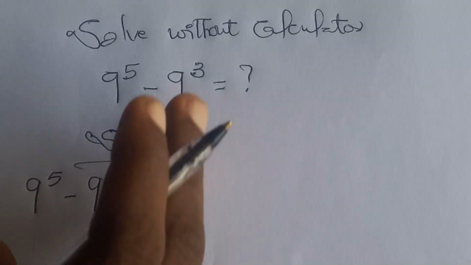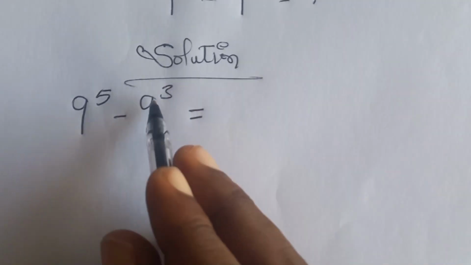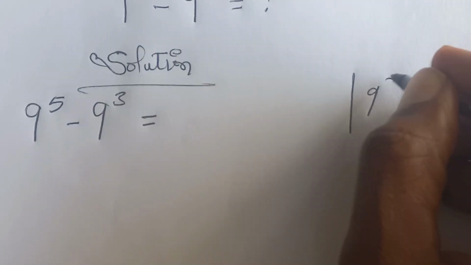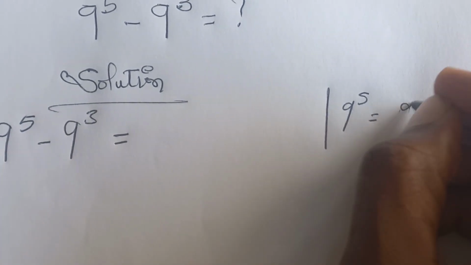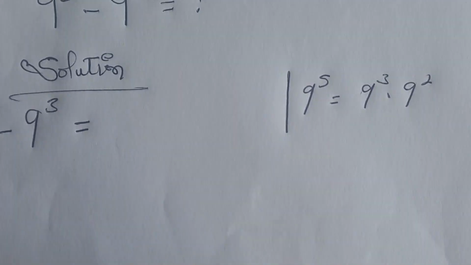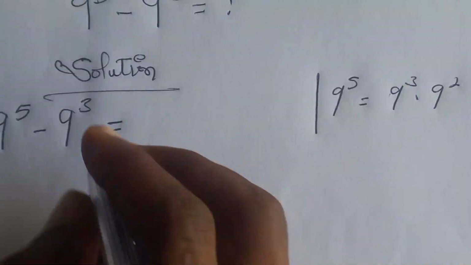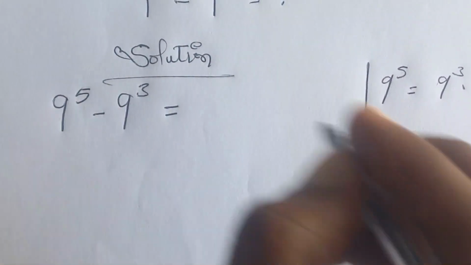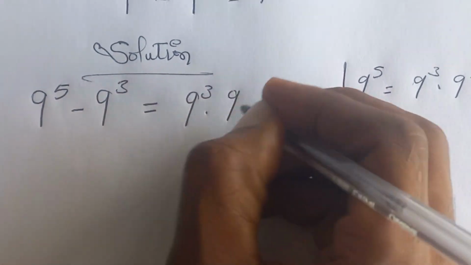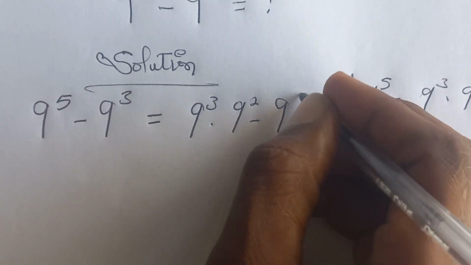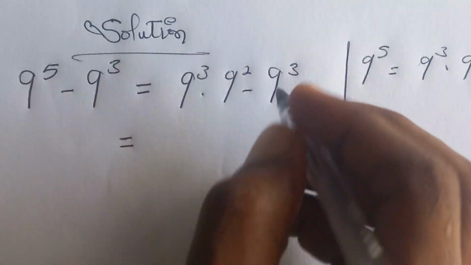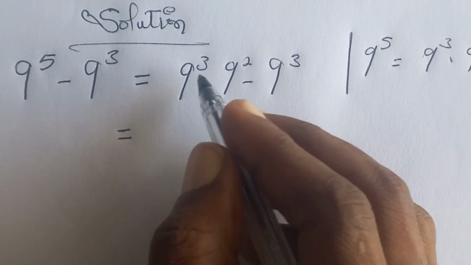So today we are looking at 9 exponent 5 minus 9 exponent 3. In this case, 9 exponent 5 we can rewrite as 9 exponent 3 multiplied by 9 exponent 2. So it is going to be 9 exponent 3 multiplied by 9 exponent 2 minus 9 exponent 3, which is equal to, with this, we have a common term 9 exponent 3.